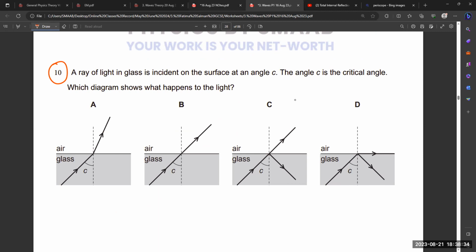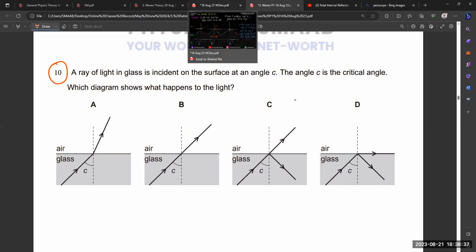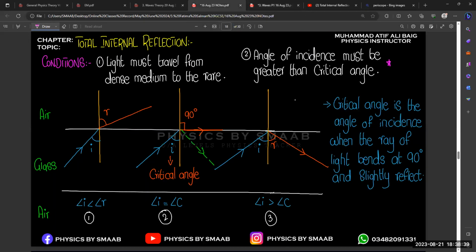So what happens when the angle is equal to the critical angle? That is option number 2. When the angle of incidence is equal to the critical angle, light will refract at 90 degrees, and some light slightly reflects back into the same medium. So we need to choose diagram number 2, which will give you the clear answer to this question.